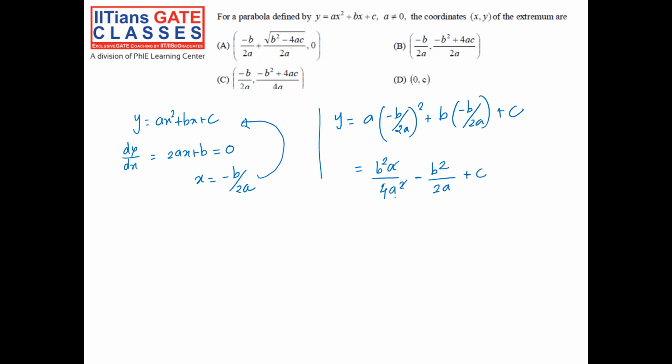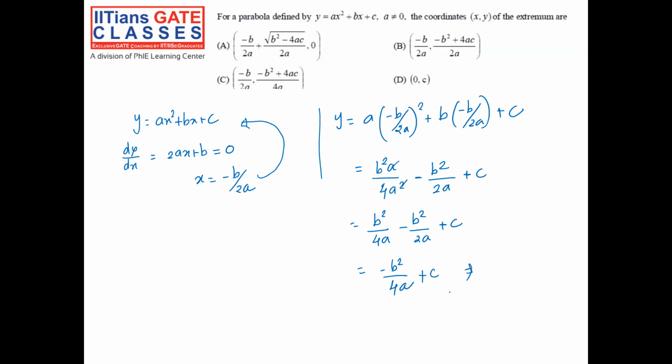Here a will get cancelled. We'll end up with b square divided by 4a minus b square divided by 2a plus c. Okay, so if you solve this, we'll end up with minus b square divided by 4a plus c.